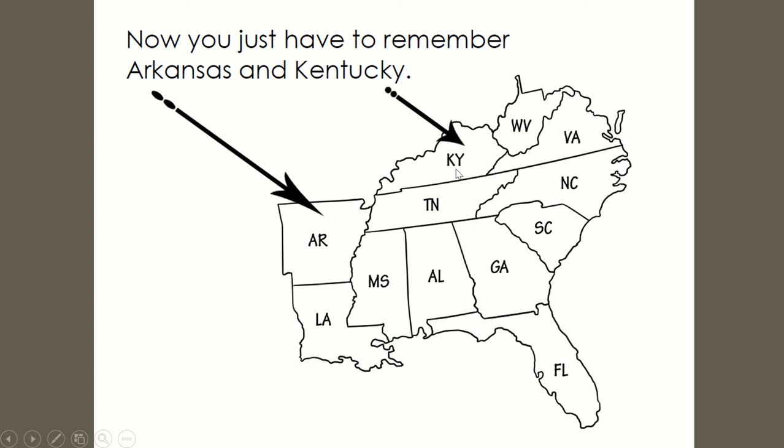I always think of Kentucky Fried Chicken, a restaurant that sells fried chicken. So I always remember that this state looks like a piece of fried chicken, and it's Kentucky for Kentucky Fried Chicken. And then the only one left that you need to really remember is Arkansas over here.